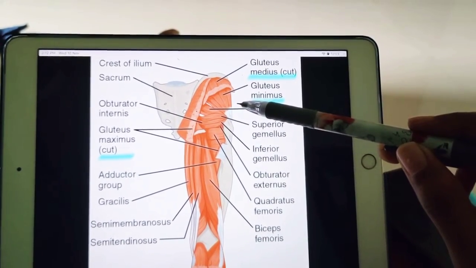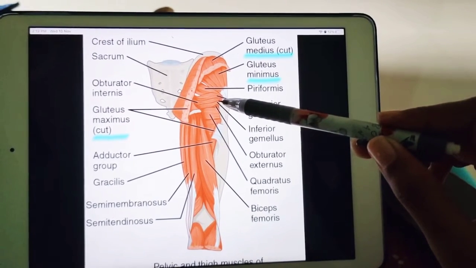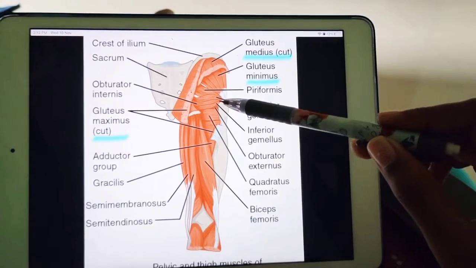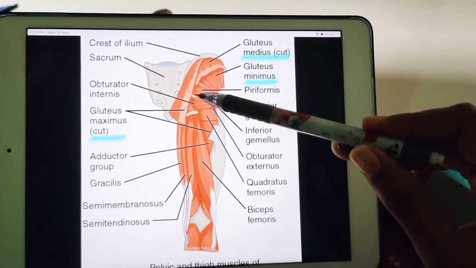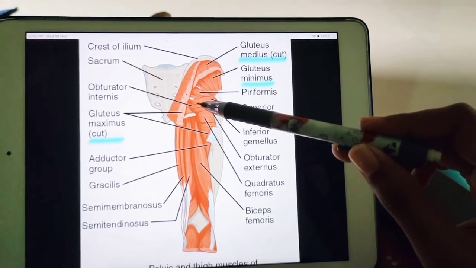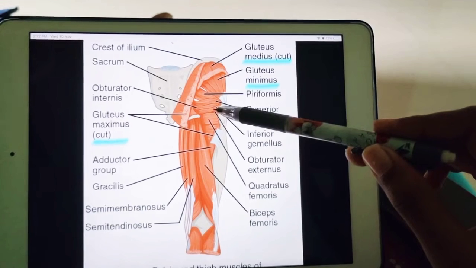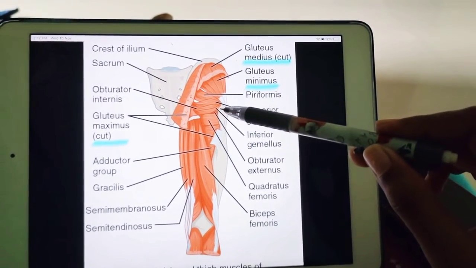Next, coming to inferior gemellus, it is a small muscle lying along the lower border of the tendon of obturator internus. It gets its origin from the upper part of the ischial tuberosity and the lower part of the lesser sciatic notch. It is inserted the same as gemellus superior, into the medial surface of the greater trochanter, right?